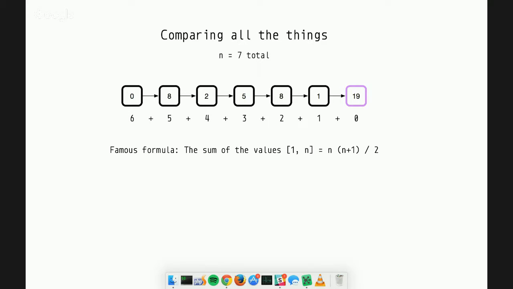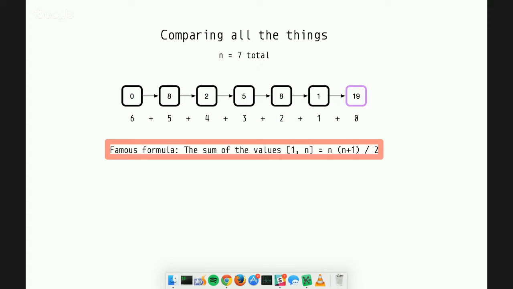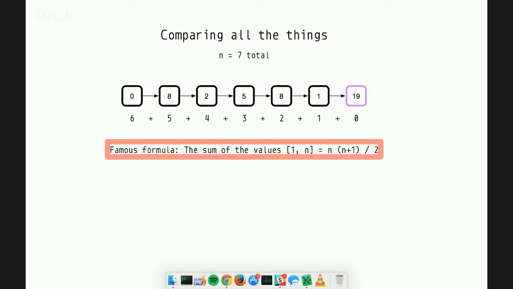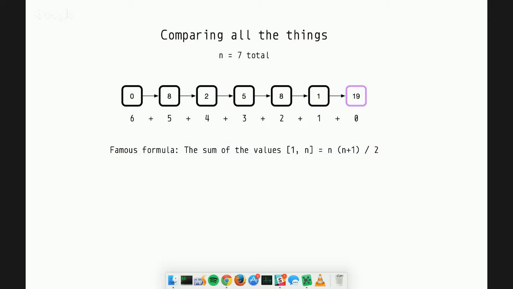I think it's 5,050, and his teachers were like, "Wow, how'd you come up with that so quickly?" And he said, "Well, if you just take the first number and the last number, and you pair them together, and then the second and the second to last number, and pair them together and whatnot, you end up with this formula that basically says the sum of the numbers from 1 to n is n times n plus 1 over 2."